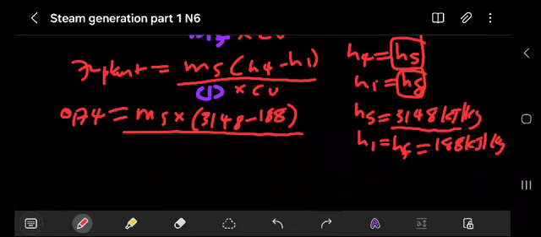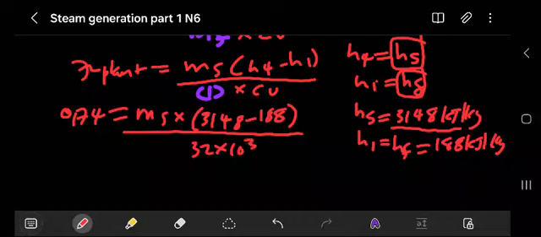Remember it must be in kilojoules. They've given you in mega, they say 32 megajoules. So substitute it as kilojoules. This will be 32 times 10 to the power of 3 kilojoules. Must write this as kilojoules so you understand.